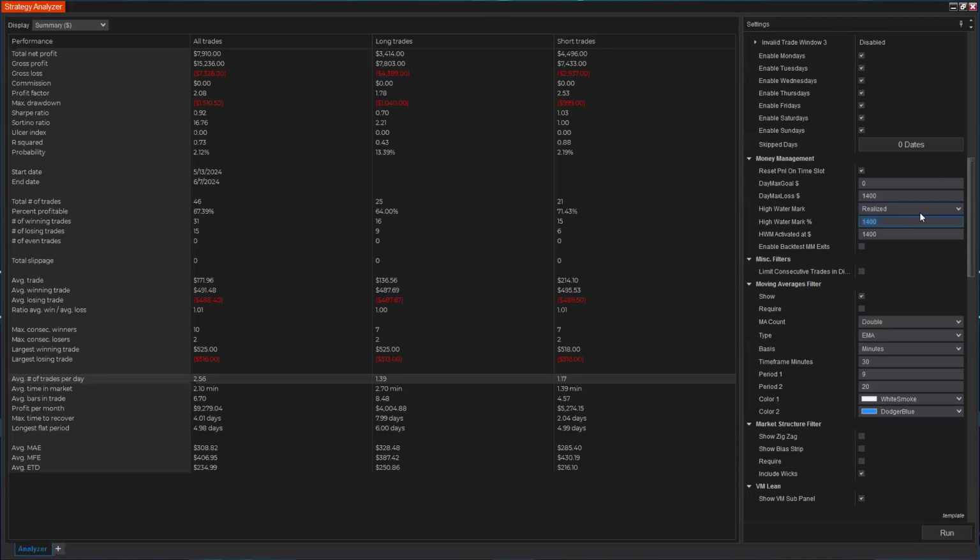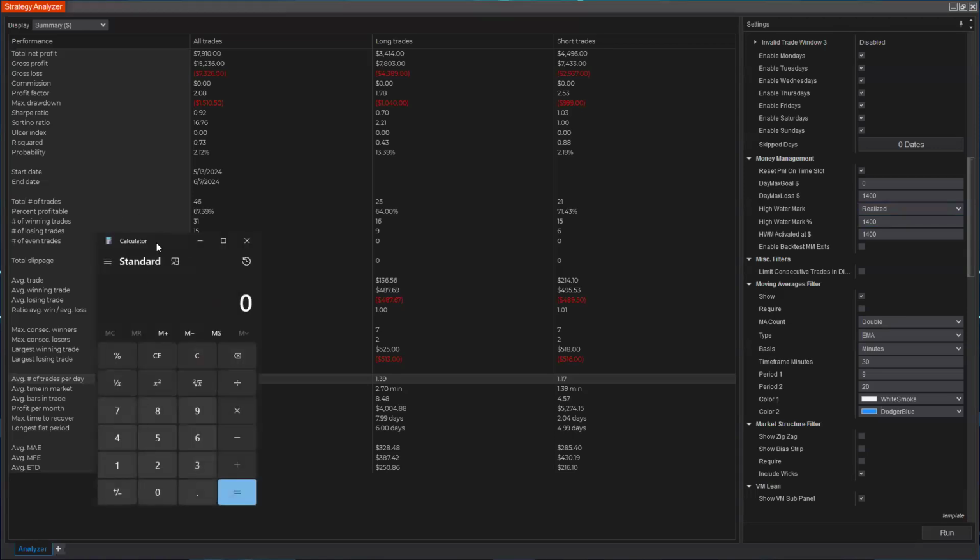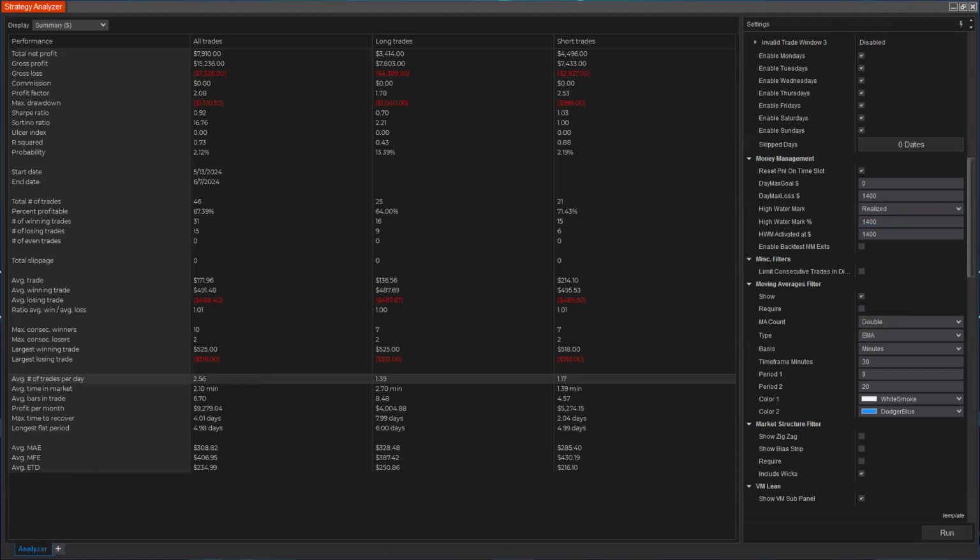I definitely don't want to give back more than 2 trades, so I'm just trying to think of it that way. So let's put, what would the percent be on that? Let's do 65%.